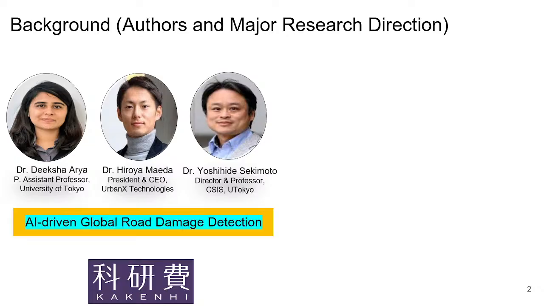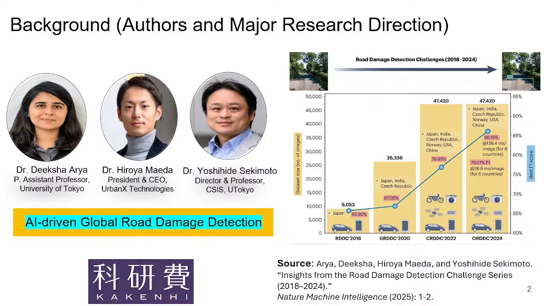Our main research is AI-driven global road damage detection. We started this project almost a decade ago. In 2018, we proposed a solution for automating road damage detection for Japan using smartphone images.